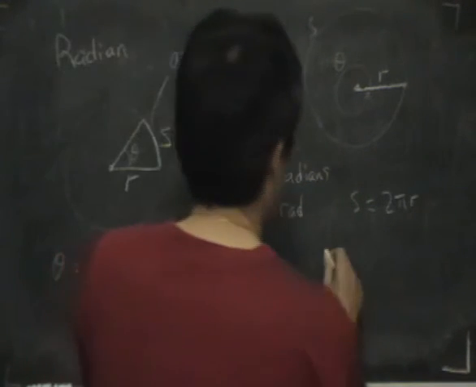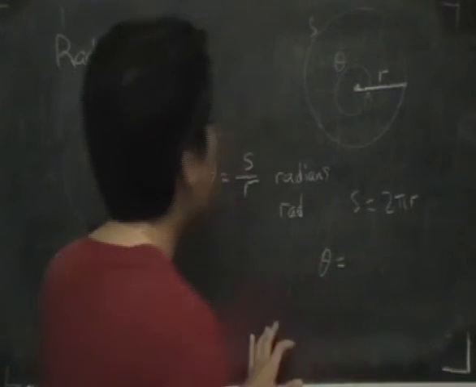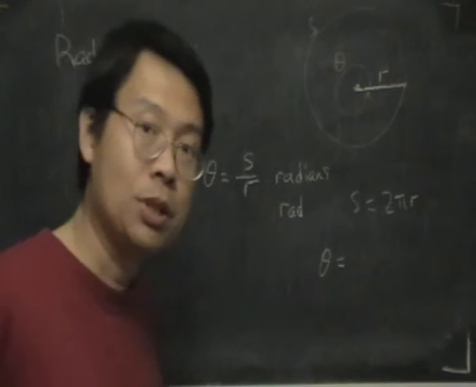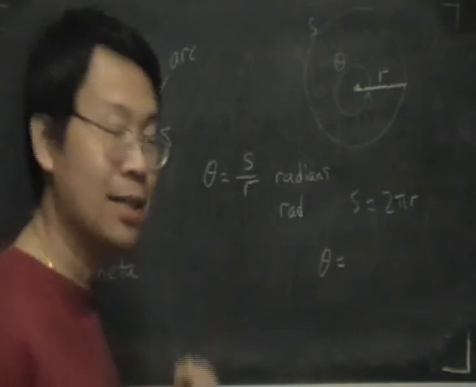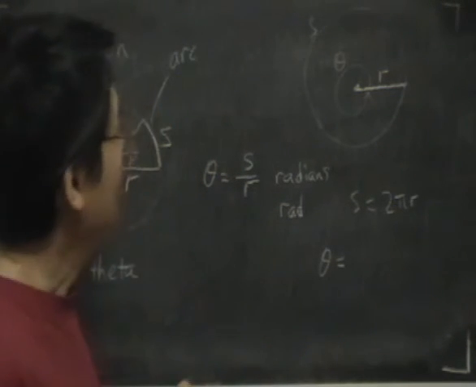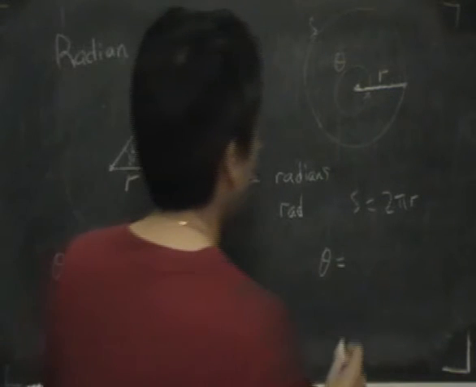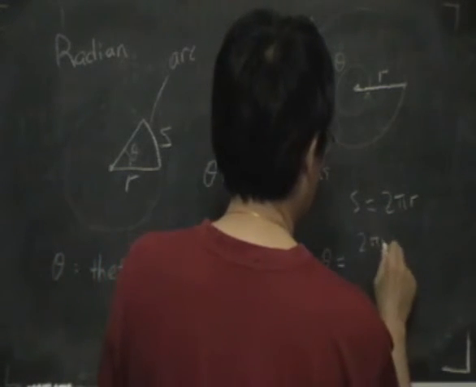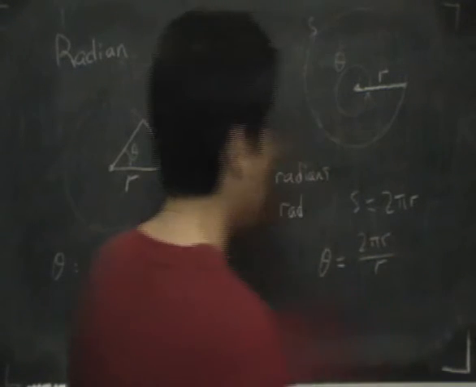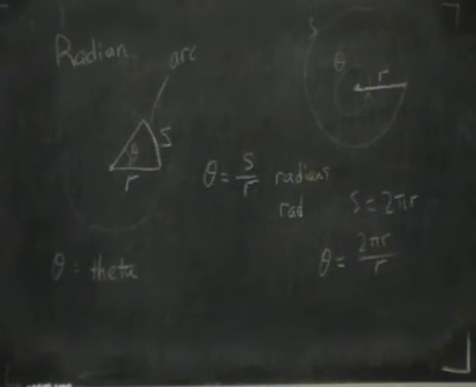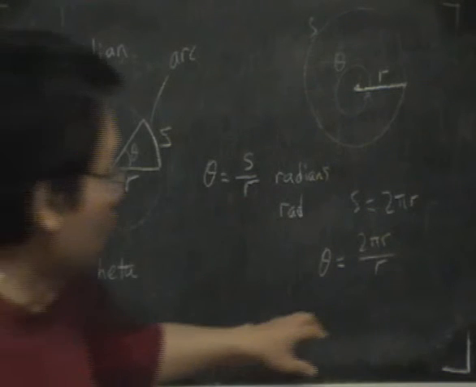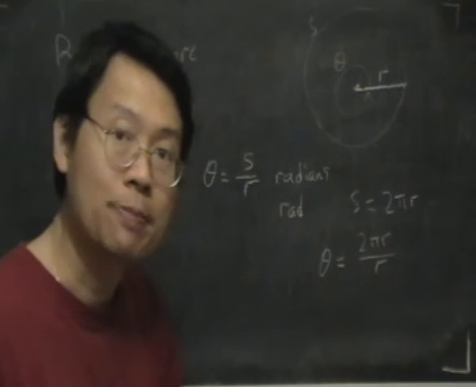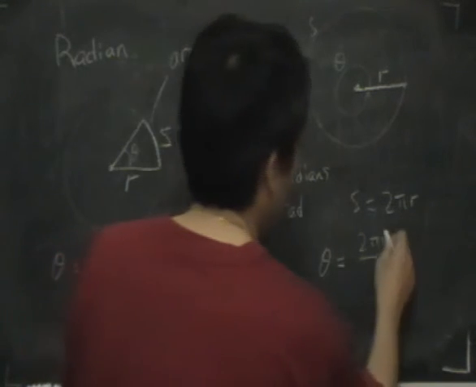Okay, so now if I want to calculate the angle theta, I use that formula, S divided by r. Now S is 2 pi r, so 2 pi r divided by r is what we have. Notice that we have r on top and r at the bottom, so they can cancel.